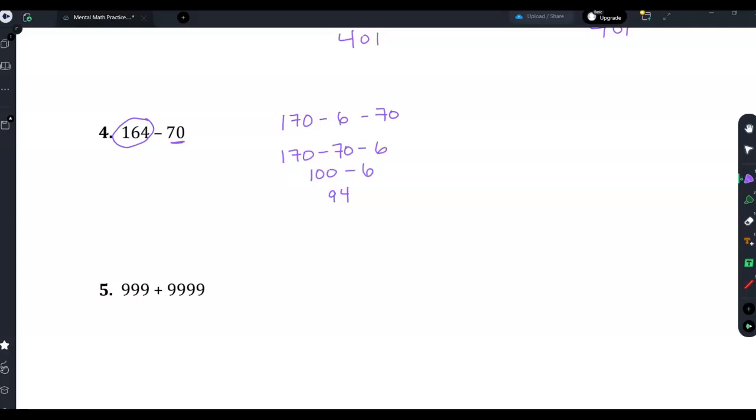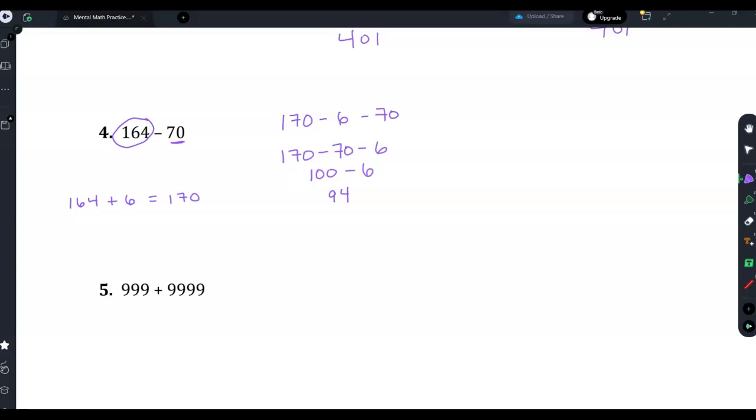So another way you could write that same process is just to say, okay, 164 plus 6 would give me 170, right? And so really I can think of it that way, as 170 is 164 plus 6.